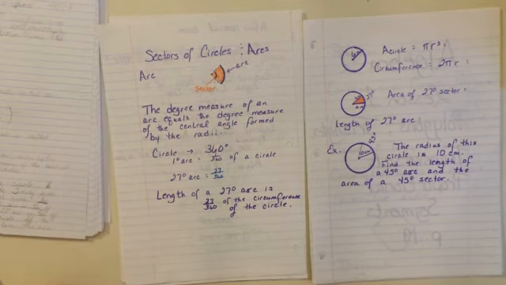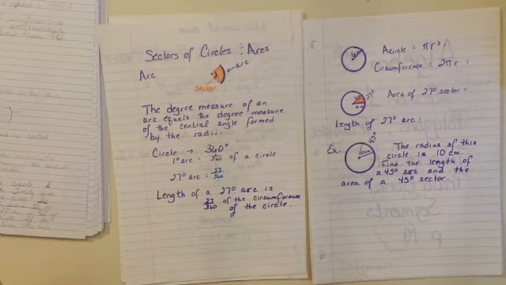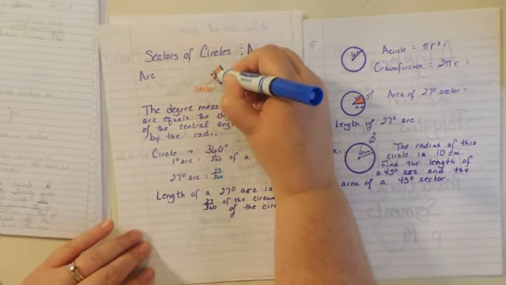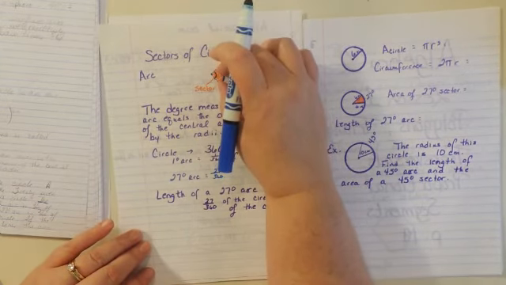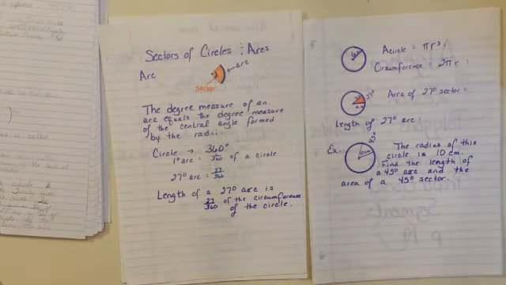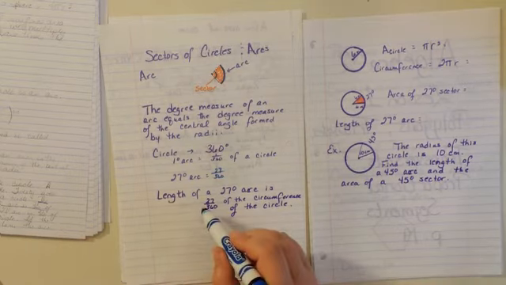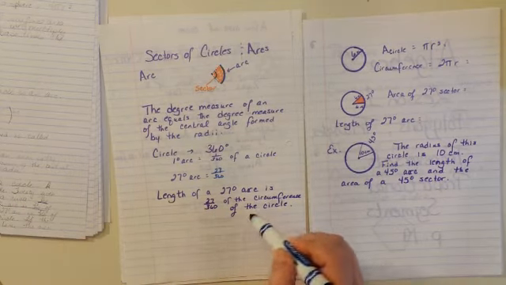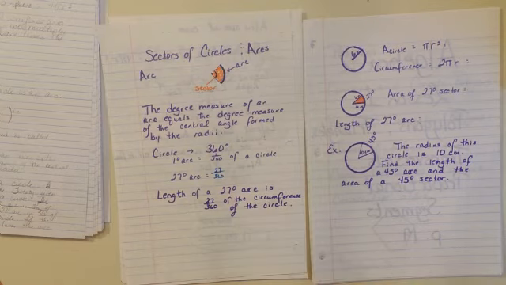The sector designated by 27 degrees of an arc is 27 over 360 of a circle. So if this is 27 degrees, then this is 27/360ths of the entire circle. The length of a 27 degree arc is 27 over 360ths of the circumference of the circle.